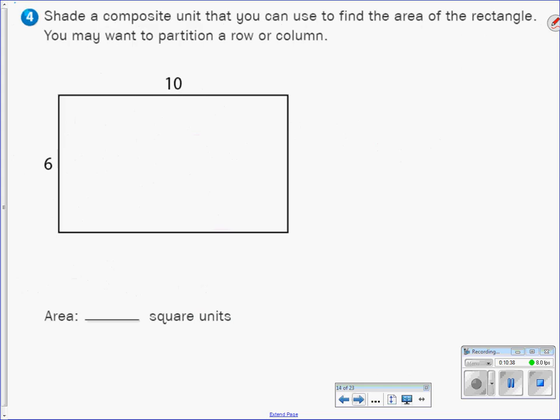All right, shaded composite unit that you can use to find the area of this rectangle, 6 and 10. Okay, so if I look at this and say, which one do I want to use for my composite unit? I can use either the 6 or the 10. So I know I've got to have 10 columns and I'm going to have 6 rows. Okay, so let's go ahead.